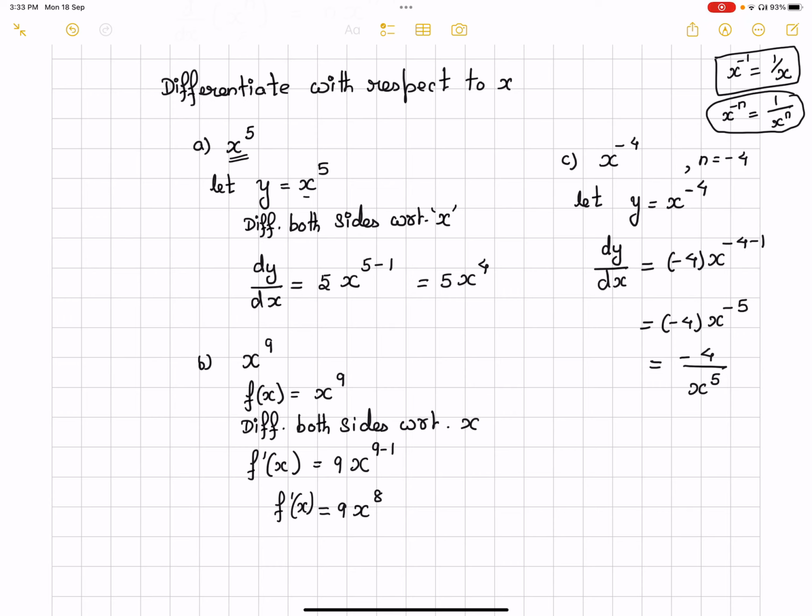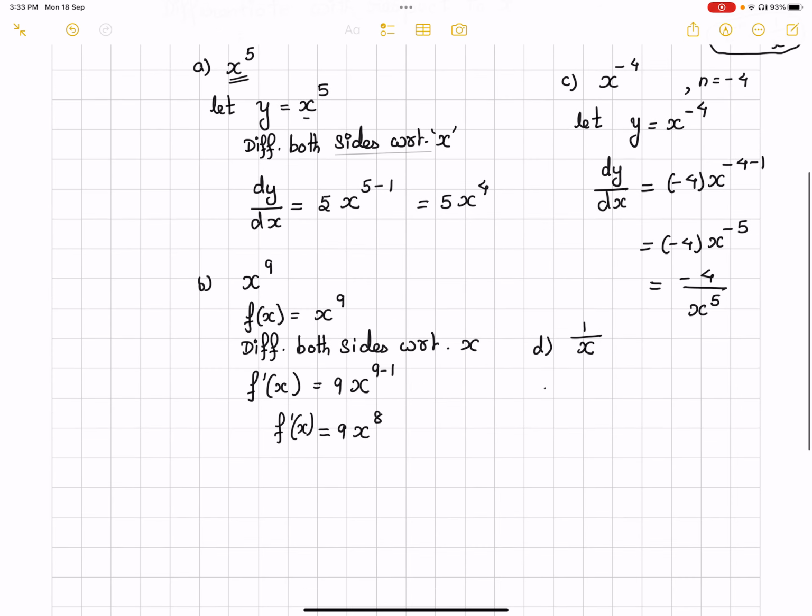Now let's go ahead with the next one. We have, not x to the power, let me go with 1 by x. Here we consider let y is equal to 1 by x, which is nothing but x to the power minus 1. So in that case, my dy by dx is equal to, what is my n? n is minus 1.